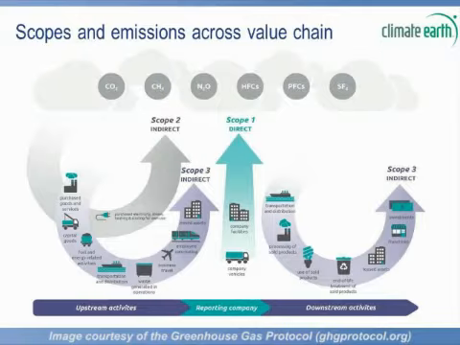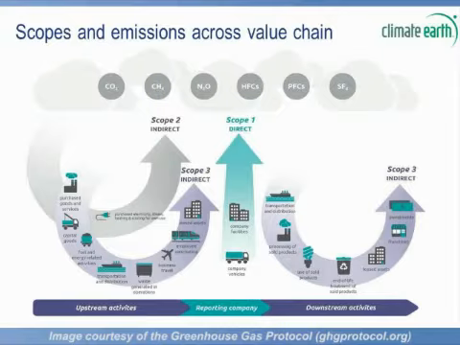Now, both the Scope 1 and Scope 2 emissions are covered under a different standard. That is the GHG Protocol corporate standard. And the value chain standard, the standard we're talking about today, is designed to cover everything else.